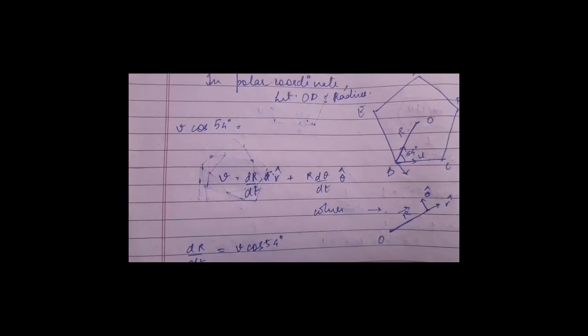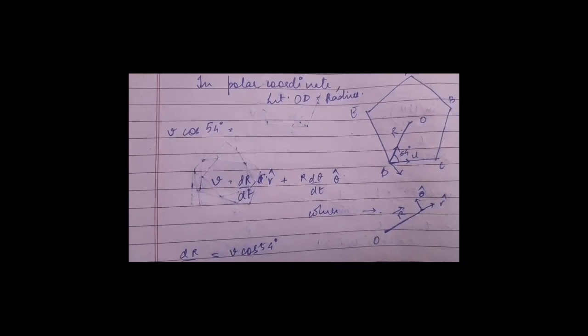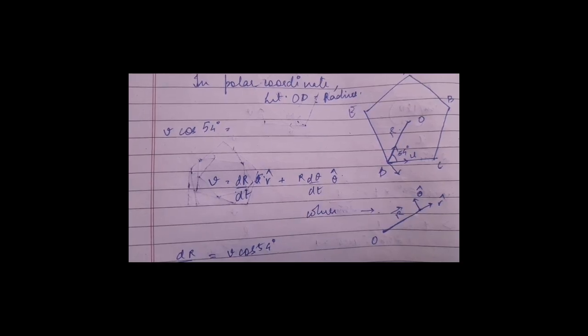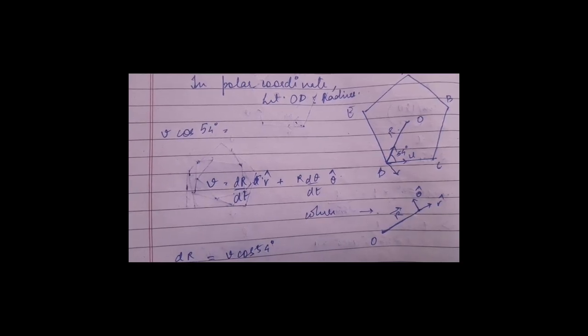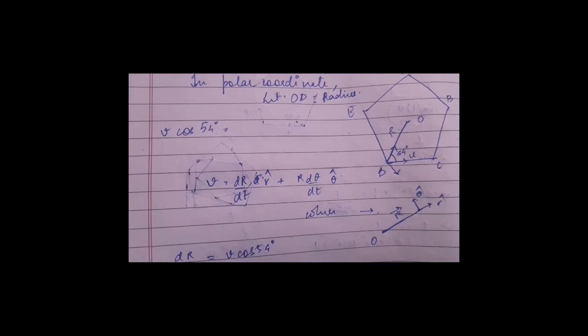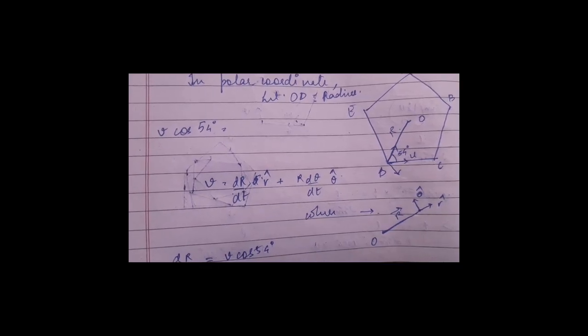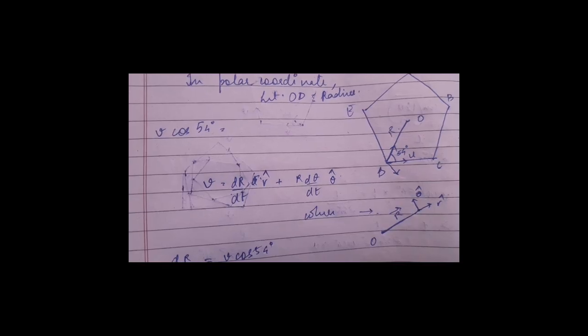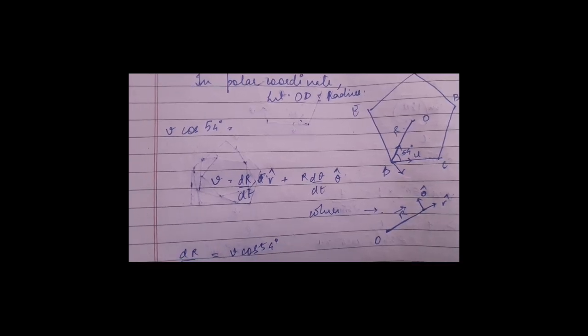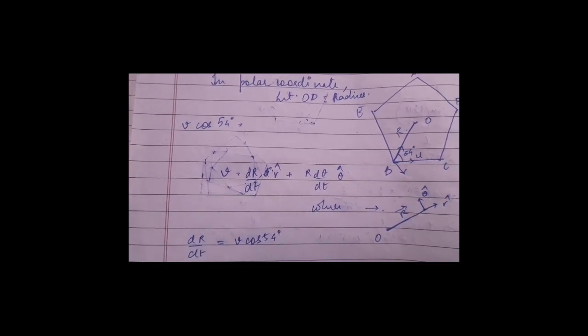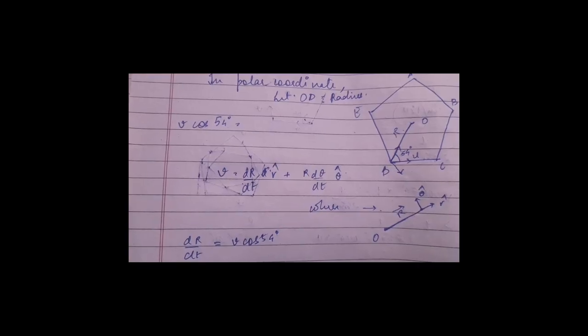If we differentiate r, the position vector, we get the velocity vector, which is dr by dt in r cap plus r d theta by dt in theta cap. So it gives the components of the velocity vector: along the radius and perpendicular to the radius.